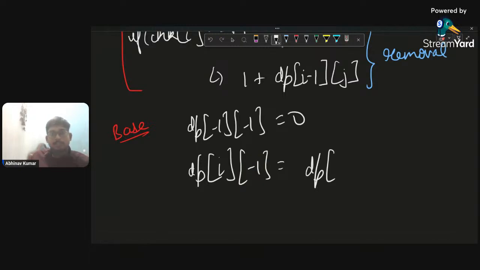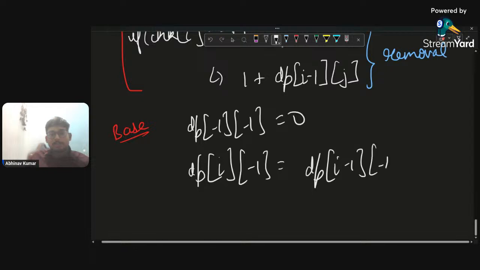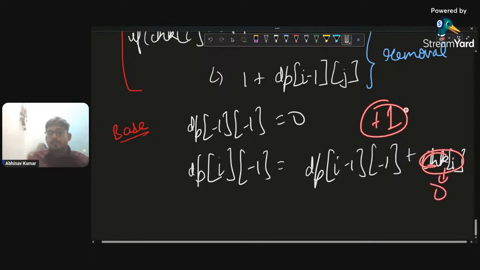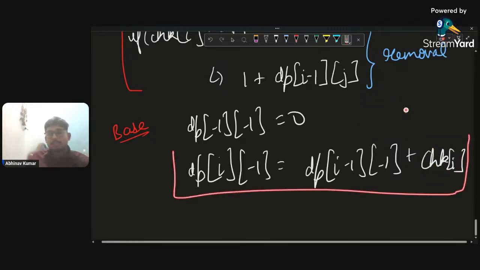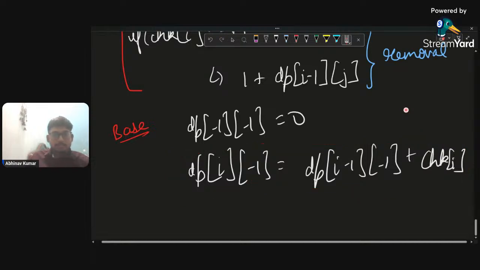So we can just write it as dp[i-1], the number of removals till i-1, plus check of i. If the check of i is 1, then we get a +1 removal. If this is 0, then we don't get a removal for this ith index. So this can also be considered as a base case if we have j -1.